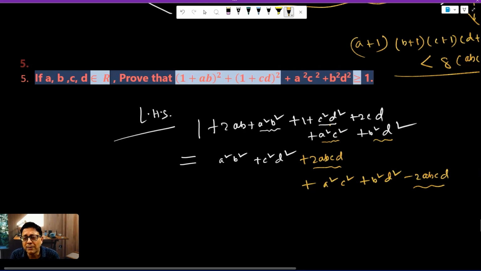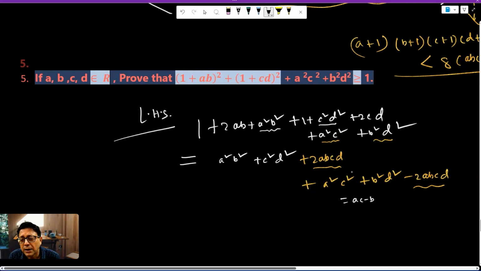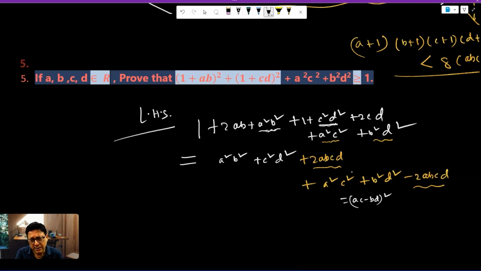So there is no problem about this part. This we can write (ac - bd)^2. But problem arises with this ab, cd. Twice abcd is there.